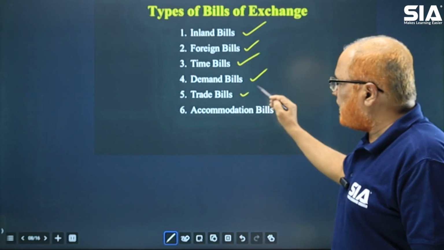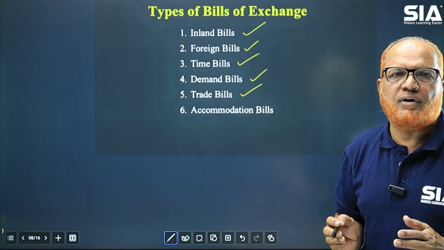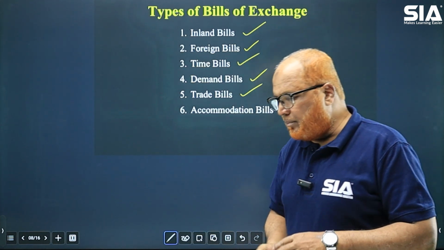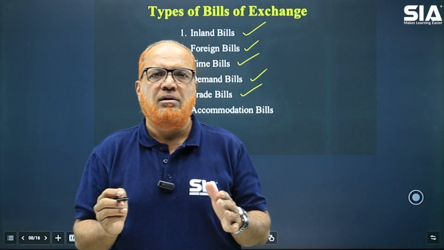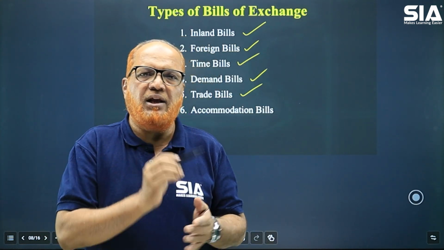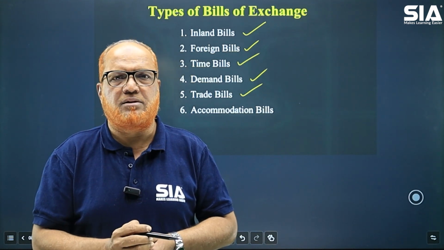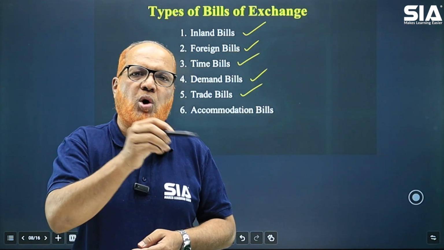Next is trade bill. The most common example of bill of exchange is the trade bill. Why it is called trade bill means, for a genuine business transaction, that means buying and selling of goods, a bill of exchange is drawn and accepted.